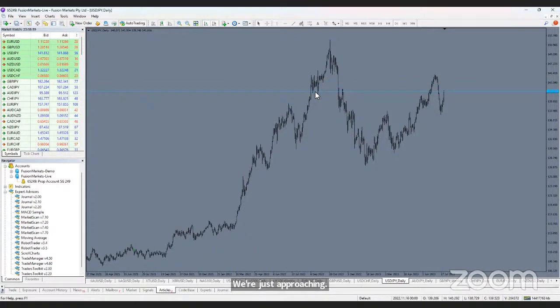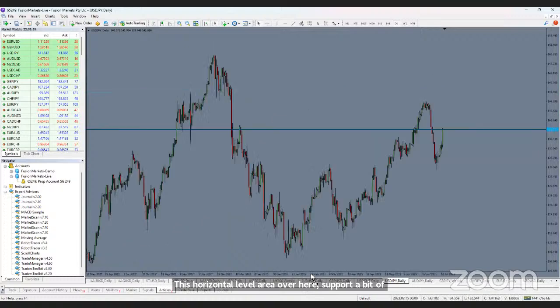A bit of support, a bit of resistance over here. We're just approaching that, so there could be a reaction here. There could be a pullback. If there is a pullback, then I'll just be waiting for the uptrend to resume, I think, because this has been a strong move to the upside. I would be looking for a pullback and then a return to the upside, at least in the short term.